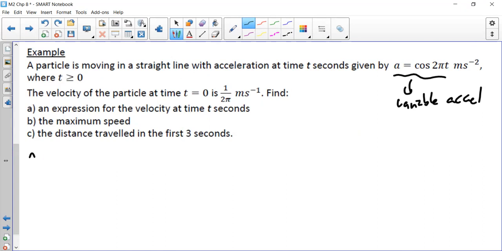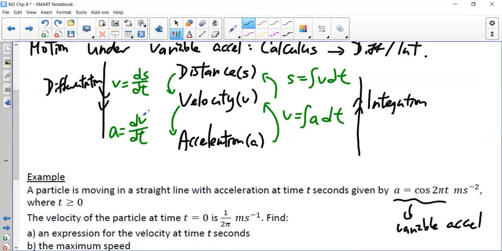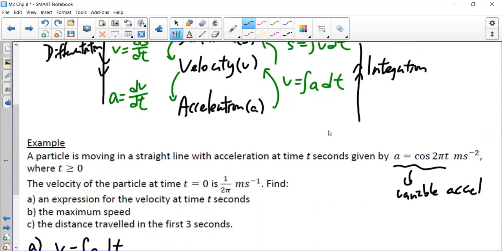So to find v, I'm given a, so I'm going to use v equals the integral of a dt. Now, here's a little tip for you. If I want to find v, my formula must start from v equals. So you're not going to use dv by dt because I need to find velocity. You've got 2 options: v equals ds by dt, or v equals the integral of a dt.